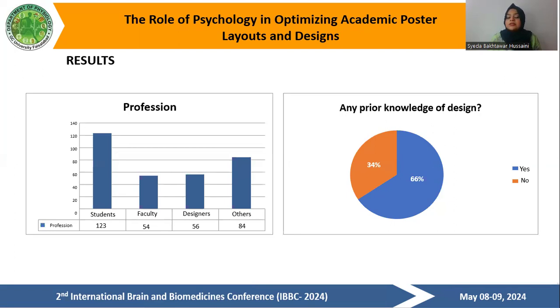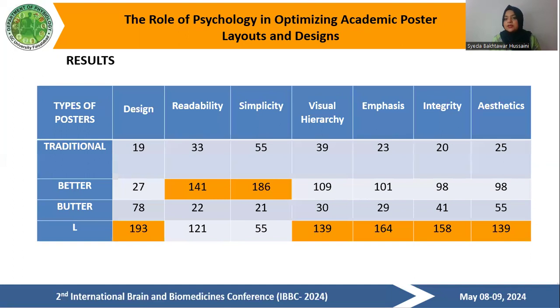The second group is faculty, which is 54 in number. The third are the designers, which are 56 in number, and some other laymen, 84 in our research. Out of all these 317 members, 66% have prior knowledge of design and 34% don't have any prior knowledge of design. So we considered a vast audience.